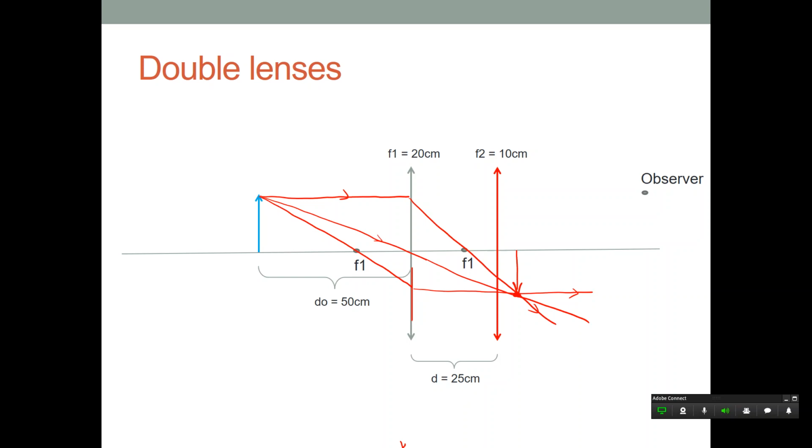And what I want you guys to do is use your equations now. Remember the equation is 1 over di plus 1 over do equals 1 over f. I want you guys to figure out what the di is here. Okay? So go ahead, calculate that for me. Give me a number. Do the math, write it down.